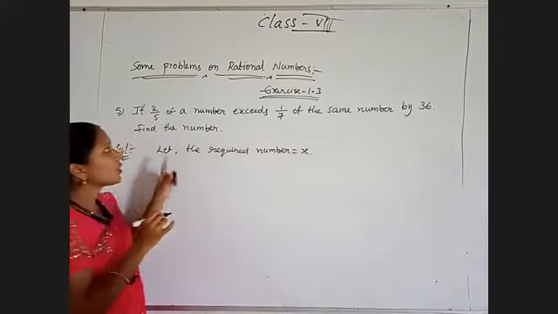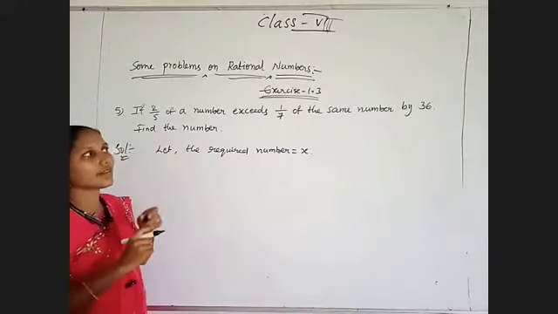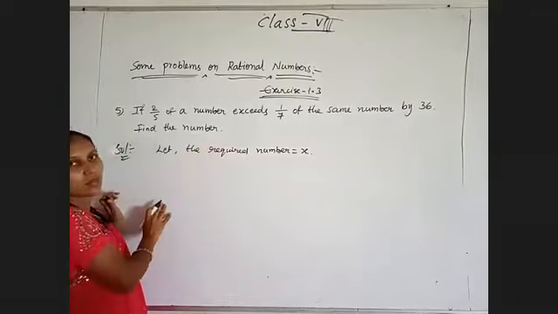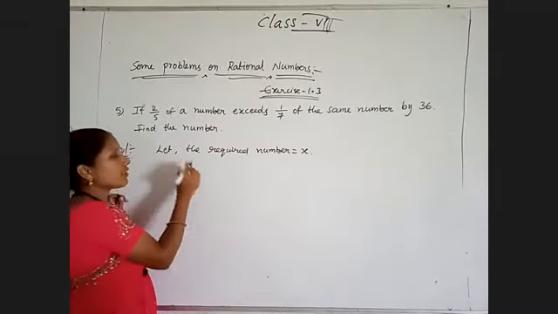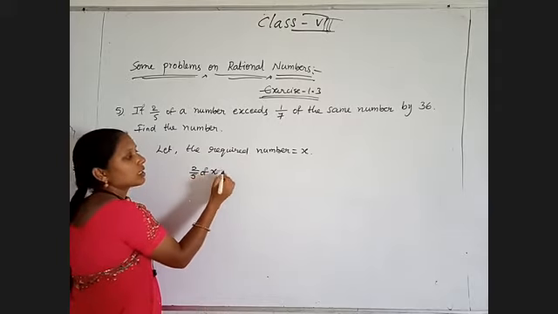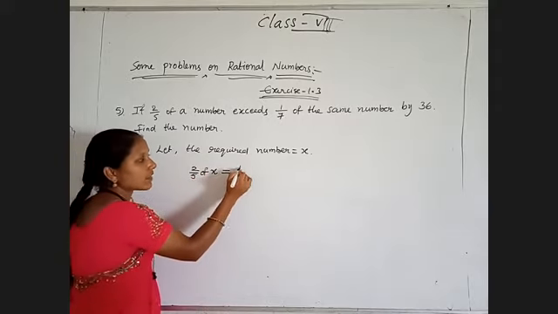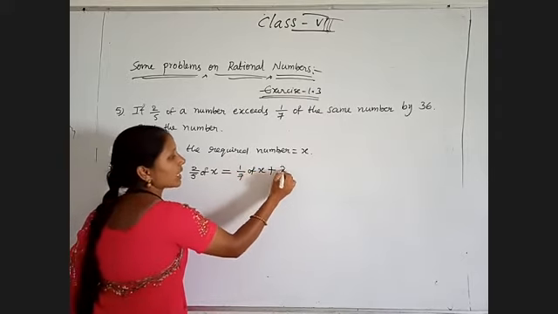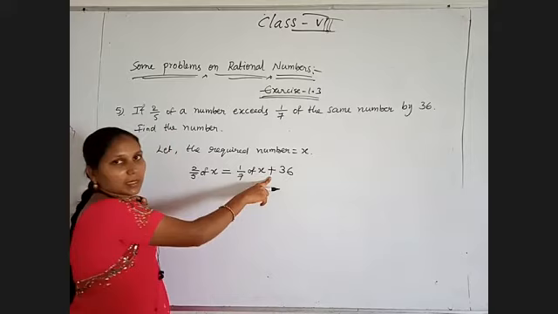And 2/5 of the number exceeds the 1/7 of the number by 36. Means the difference between those two numbers will be equal to 36. 2/5 of x will exceed 1/7 of x by 36. Exceeding is nothing but plus.